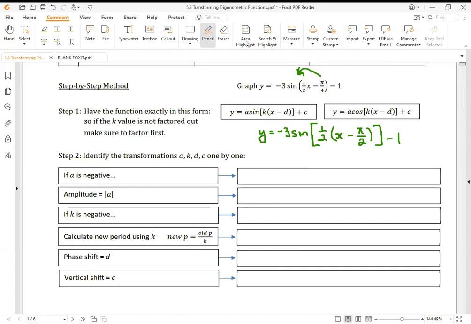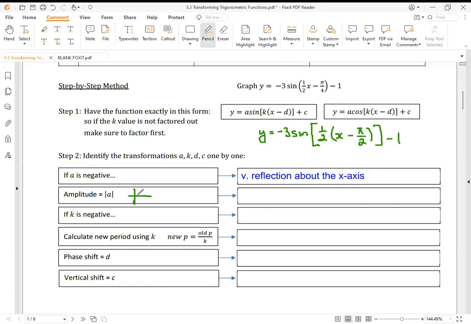Okay, so this is the curve I am trying to sketch here. Let's discuss. This has a little bit of everything. If A is negative, we have a vertical reflection about the x-axis. Amplitude. Notice how amplitude is always absolute value.